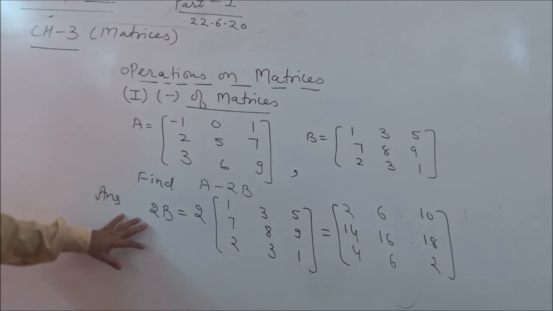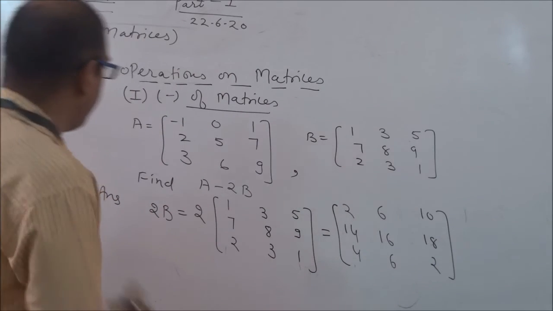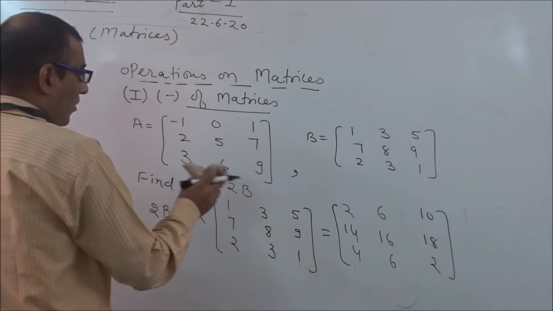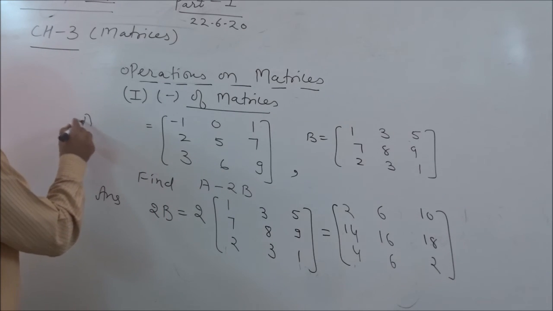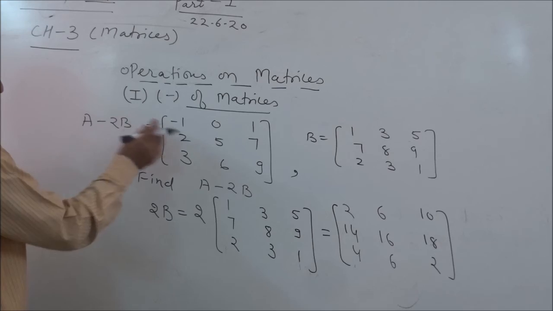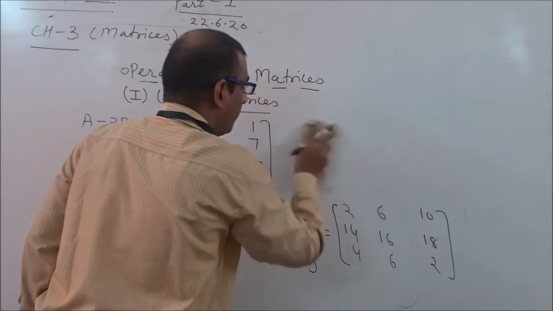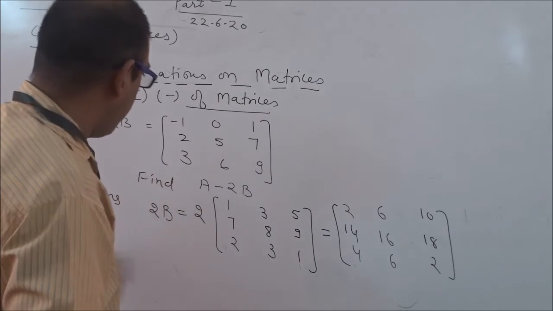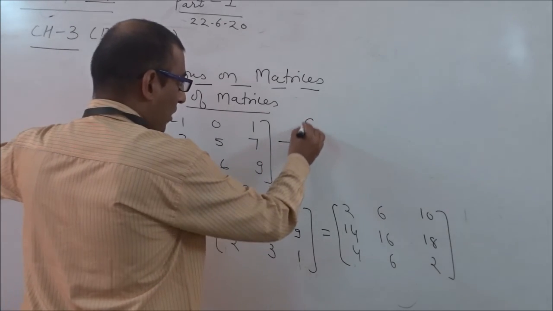After calculating 2B, now we will calculate A minus 2B. So first we will put the value of A, then we will put the value of 2B. We write here A minus 2B equals the value of A minus the value of 2B.